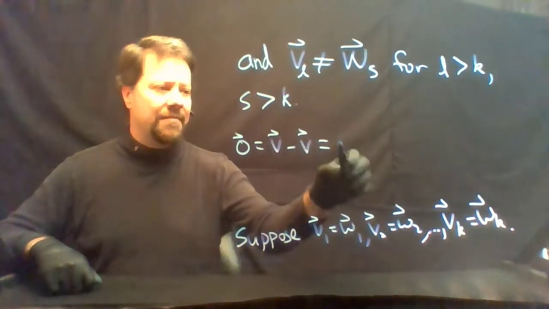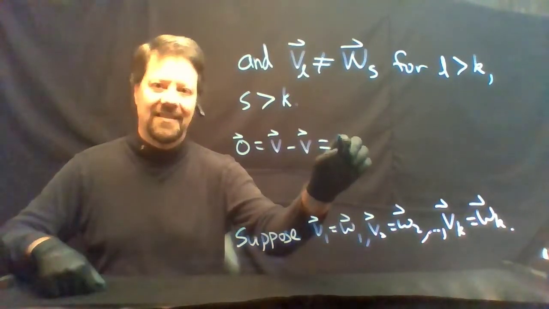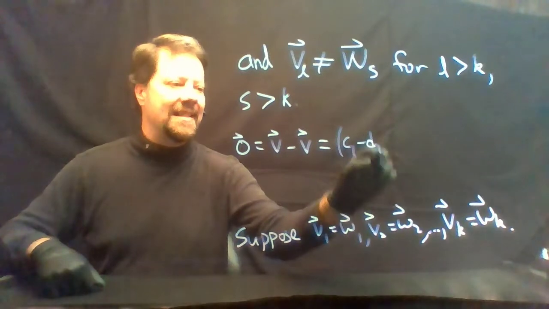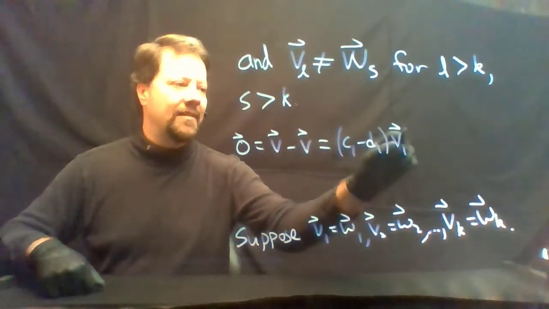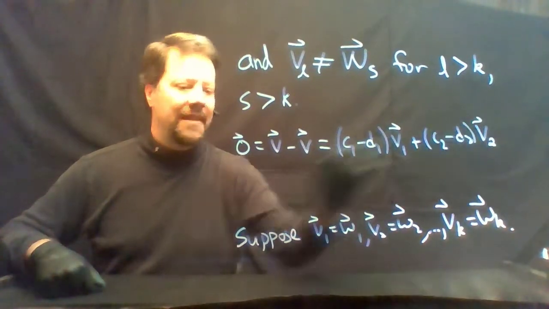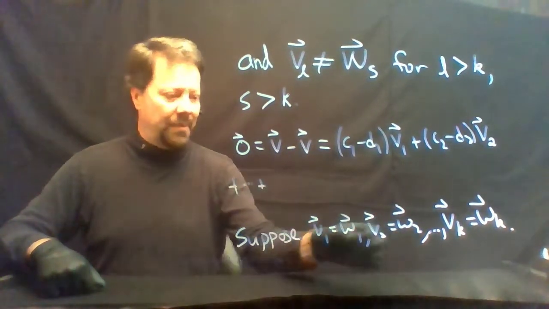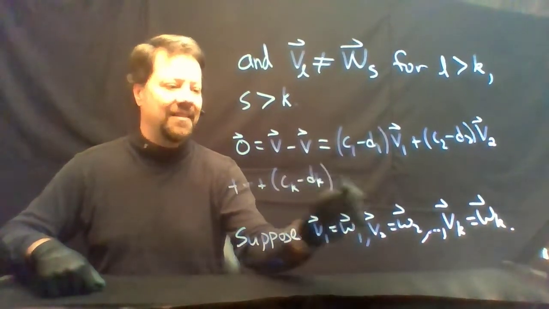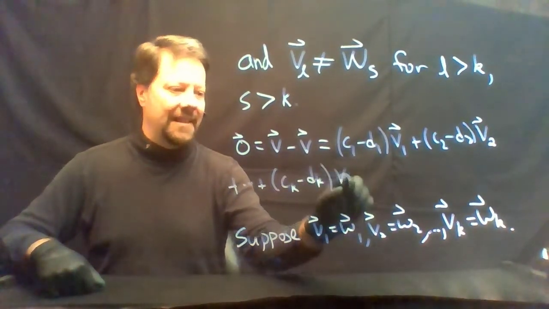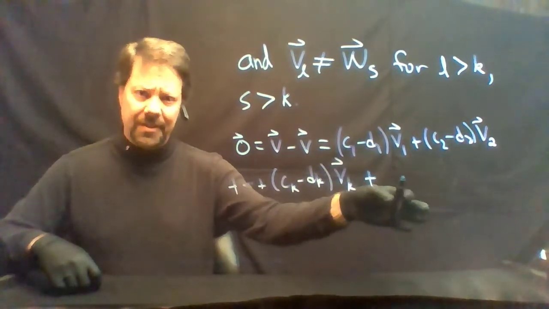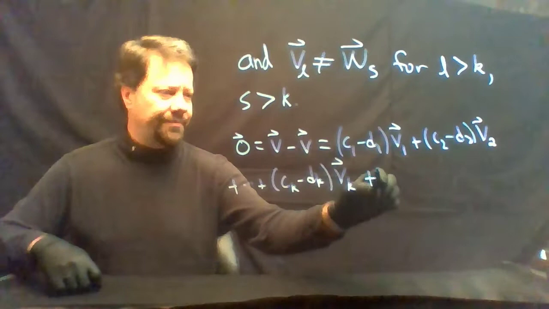Now, most of these will have (c1 minus d1) v1 plus (c2 minus d2) v2, and this will proceed out until we get to (ck minus dk) vk, and then we add on the linear combinations of those terms that are left over.